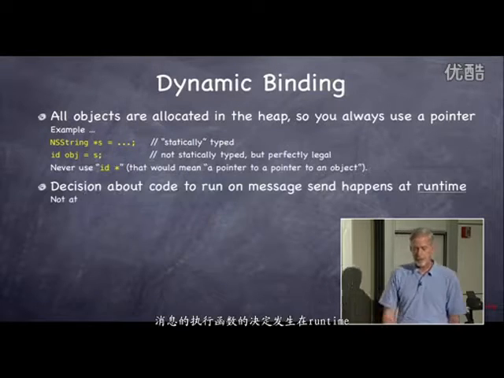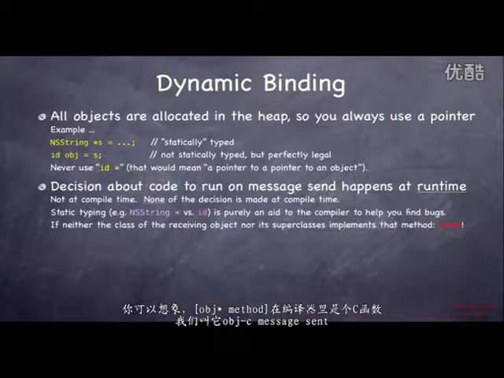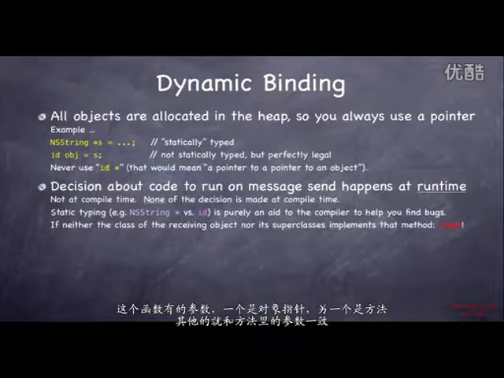But anyway, the decision about what code gets executed is happening entirely at runtime, okay? You can imagine, because it's true, that open square bracket, pointer to an object, method, gets turned by the compiler into a C function. Let's call it objc_msgSend. And objc_msgSend has a first argument, which is a pointer to an object, a second argument, which is a message descriptor, basically, and then the rest of the arguments are the same as your method.